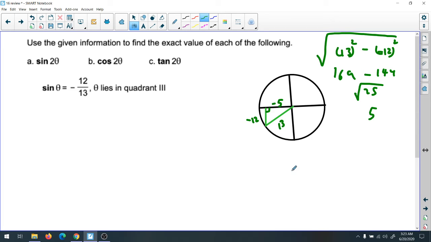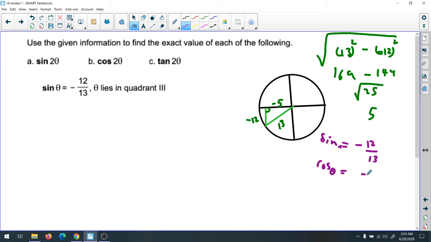Now it's easy to find, and that's my advice, to write down the 3 essential trig functions. So we are given sine already, which is negative 12 over 13. And cosine theta, of course, which is adjacent over hypotenuse.